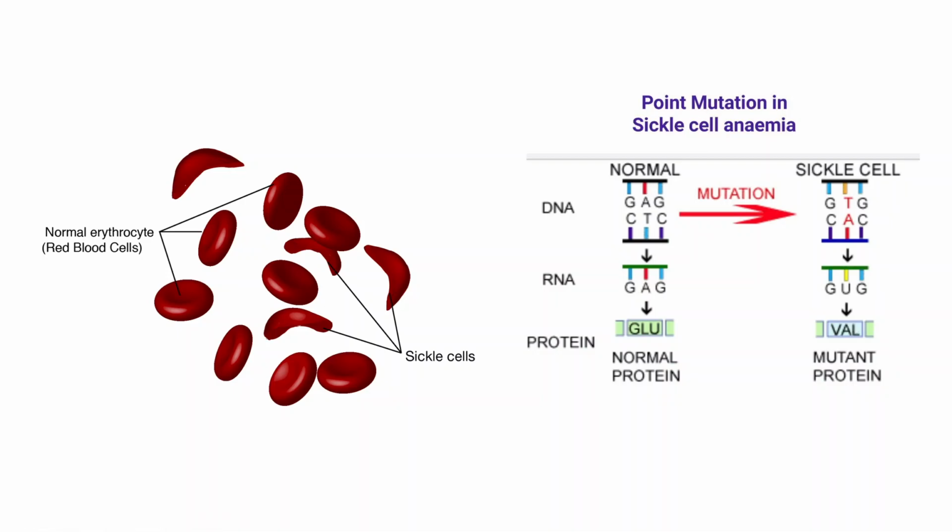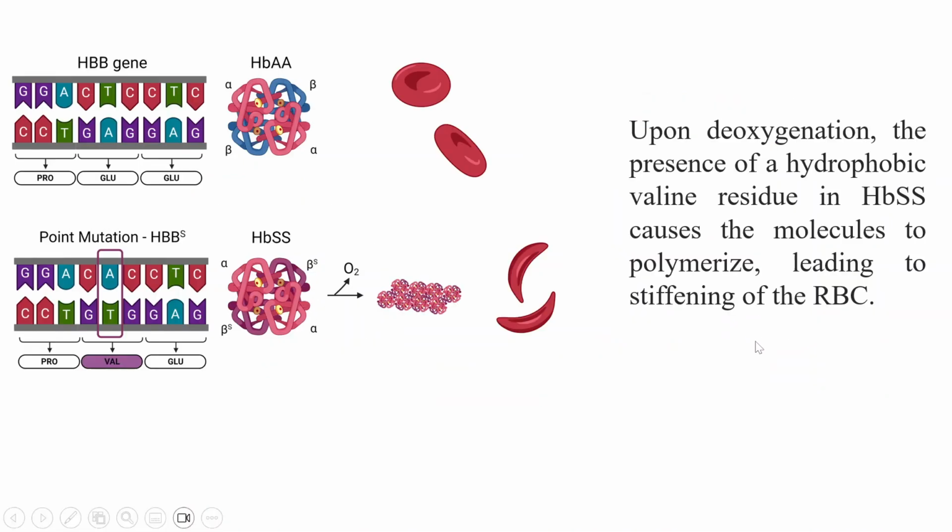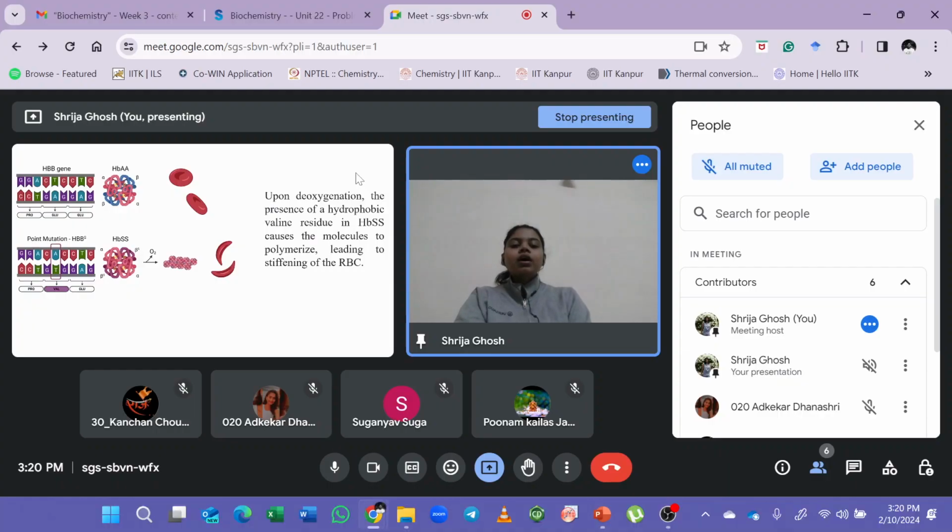Since valine is a hydrophobic amino acid, upon deoxygenation, that valine residue causes the molecules to polymerize. We have well rounded RBCs when glutamic acid is present. When the glutamic acid is replaced by valine, a hydrophobic residue is there, so the hydrophobic residue wants to go inside, and it is polymerizing the whole structure and making it stiff.